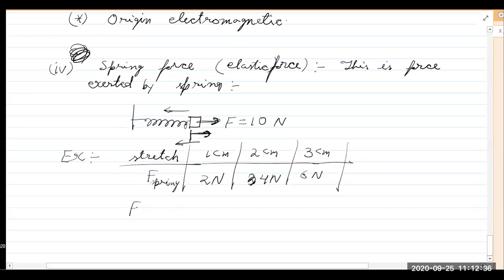So we can write F in the spring is proportional to X, with a minus sign. Why the minus sign? X is the extension or compression of the spring, or change of position with respect to natural length.